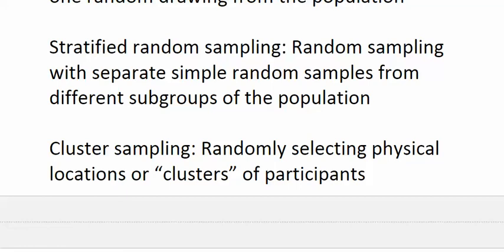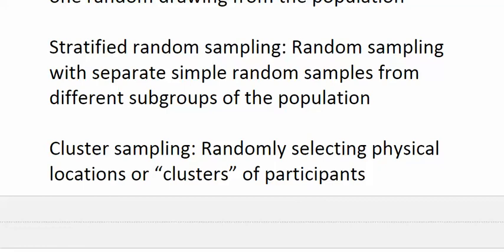So if you randomly selected 10 classrooms on a campus, and you visited those 10 classrooms to survey people, you would be doing cluster sampling, because the 10 classes that you selected would be your 10 selected clusters. So you're selecting 10 clusters out of all possible clusters, basically.